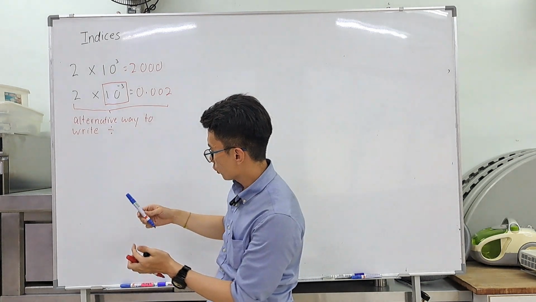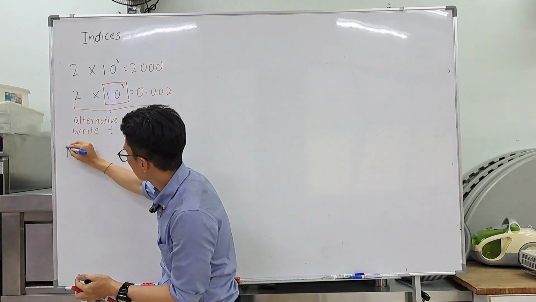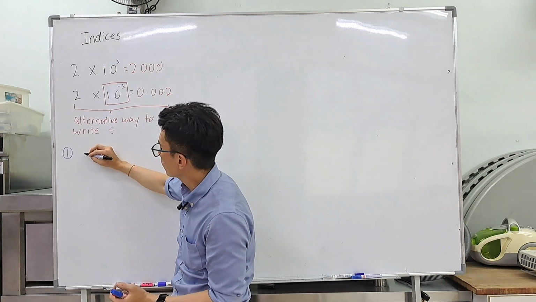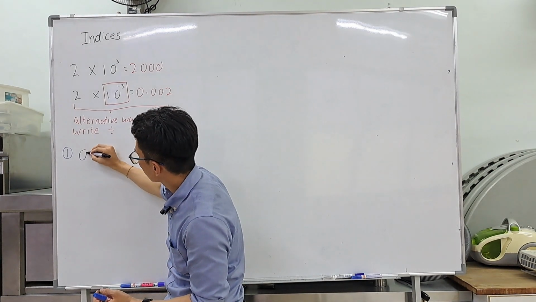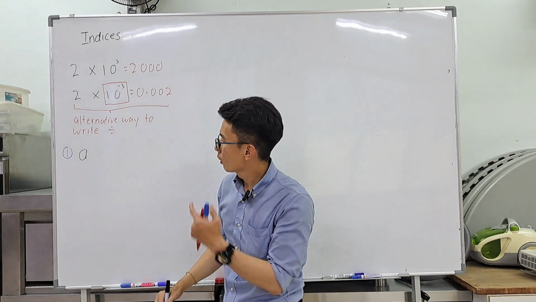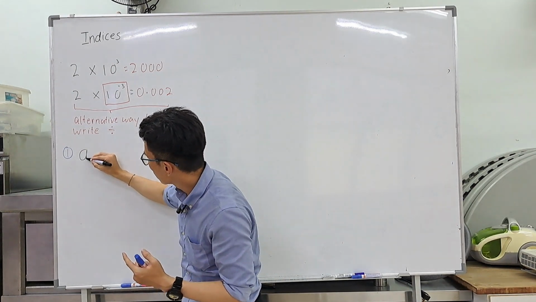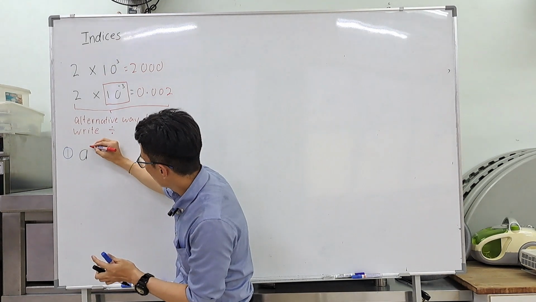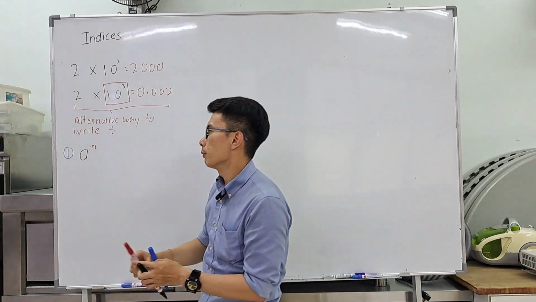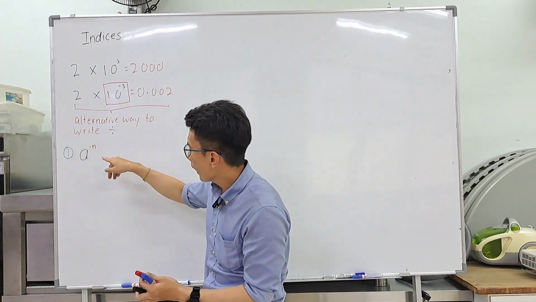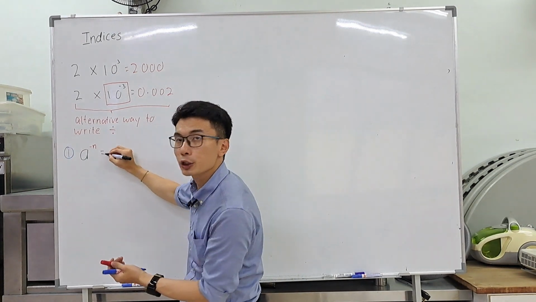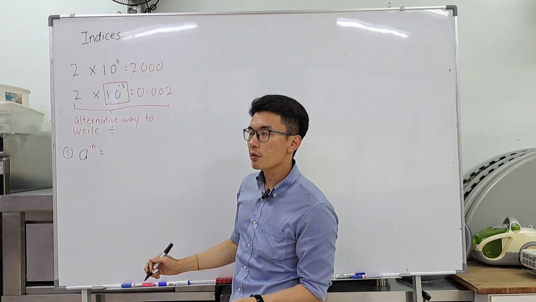So I will write the first rule over here. If I have a number, and this number is to the power of a negative power, we can rewrite this as a fraction. How do we rewrite this?